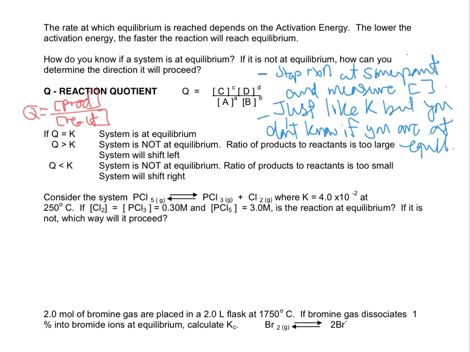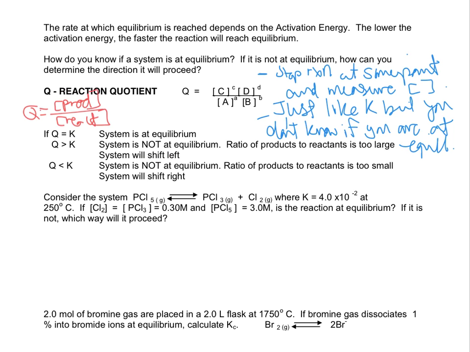If your value for this is greater than what it should be at equilibrium, that means this value is too high. And so that means there's too many products. Your numerator is too high. So that means your system is not at equilibrium. The ratio of products to reactants is too large. You have too many products.